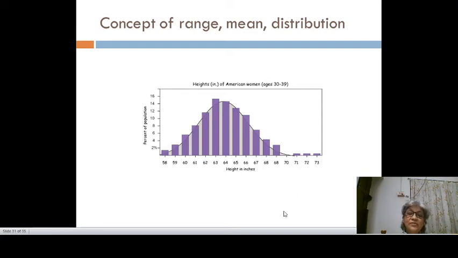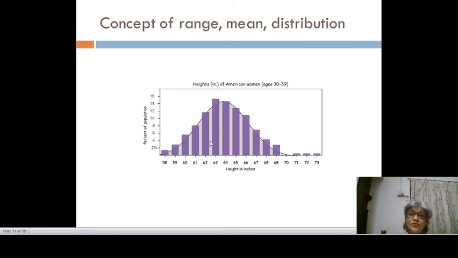Now if this is the mean value, this is where the maximum concentration of people are. Then as the value for an individual goes further from the central value, the fewer individuals will have that particular value. So if we think about 5 kg, please ignore these numbers.